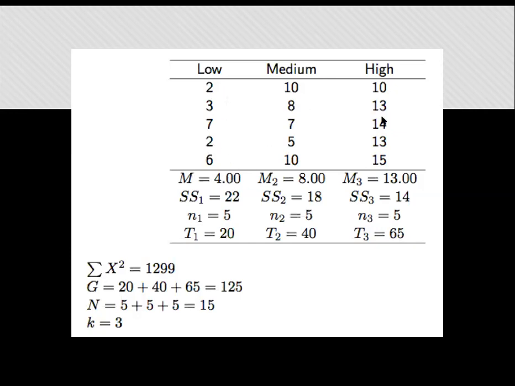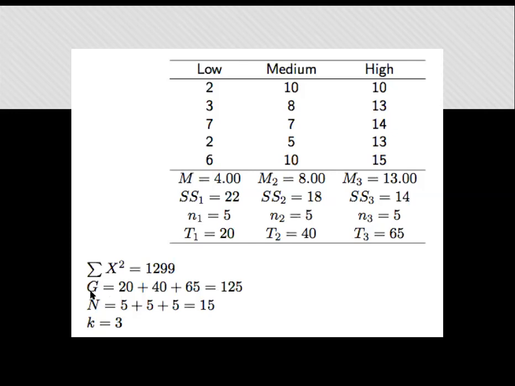And same for medium and high. If you do that, you should get 1299. And again, pause this slide at some point and go through and make sure that you know exactly how all of these numbers are derived and that you're getting the same thing, okay? If you're not, or you don't understand where a number is coming from, shoot me a quick email and let me know.